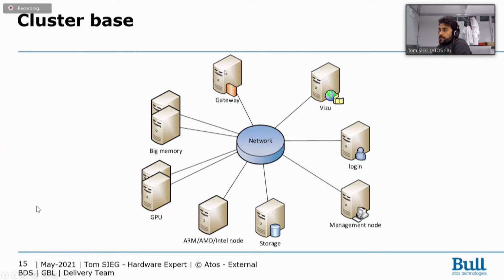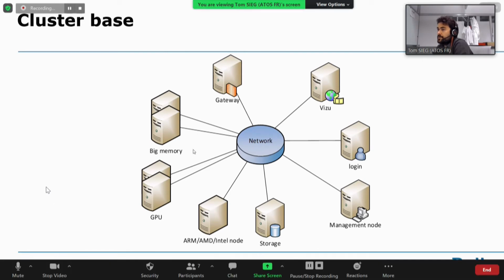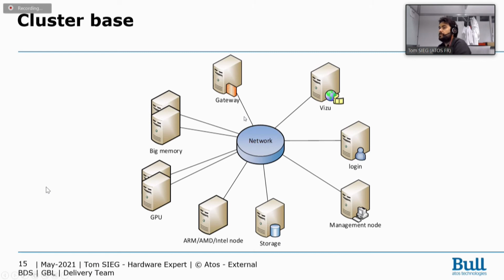It's the same if you expose it to the outside, from the internet or from a VPN. You will always have a gateway server to be sure the connection to the cluster is secure and protected, because if you have access to this network, you will be able to access all the components of the cluster, and that will be dangerous for unauthorized people.